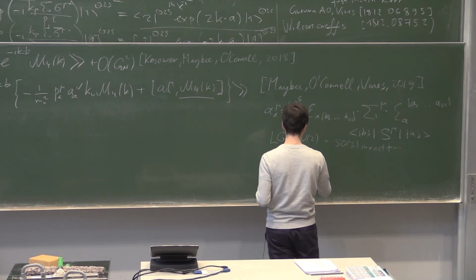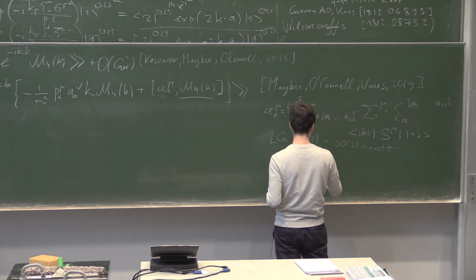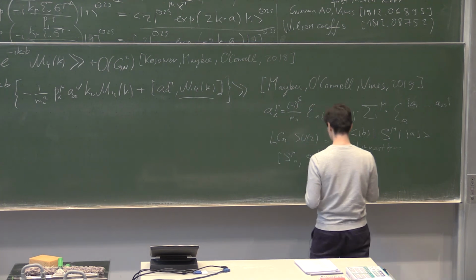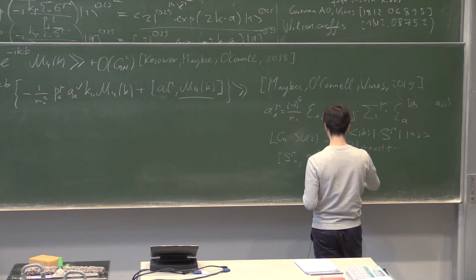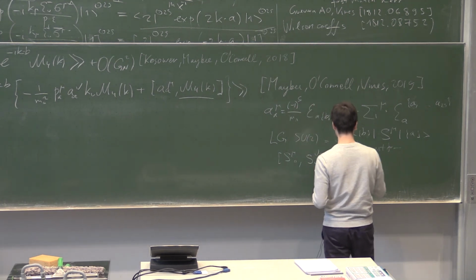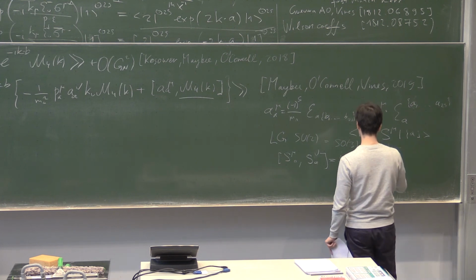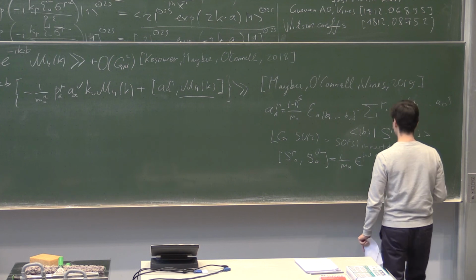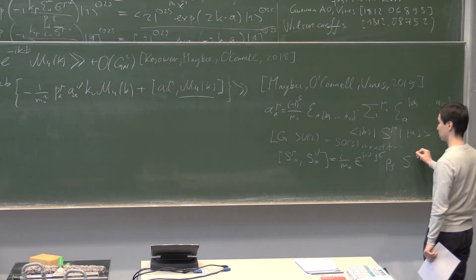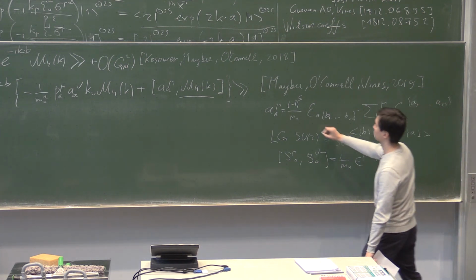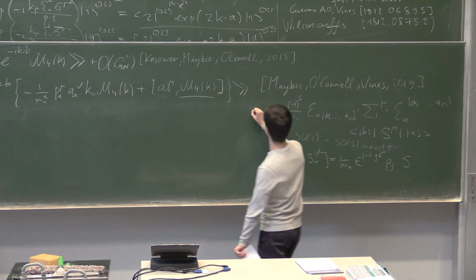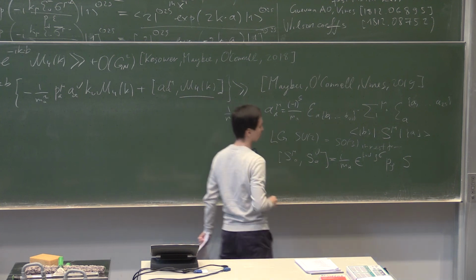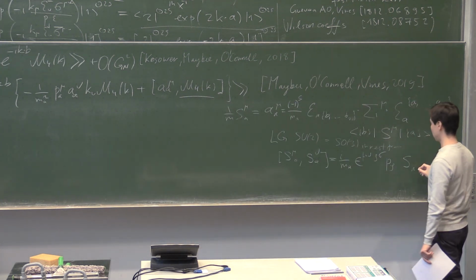So the way to write this algebra covariantly is to write it with a four-dimensional Levi-Civita tensor, epsilon mu nu rho sigma p rho S sigma.